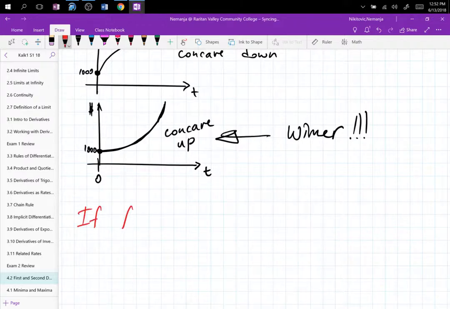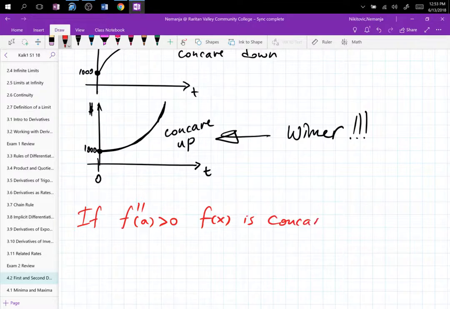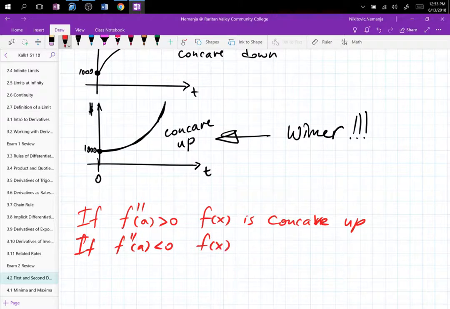If the second derivative computed at a is larger than 0, f of x is concave up. If the second derivative at a is less than 0, f of x is concave down.